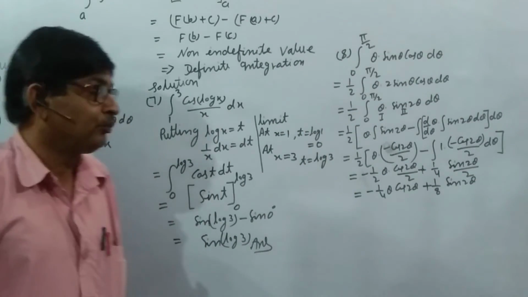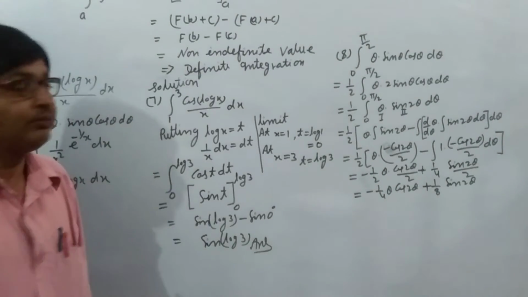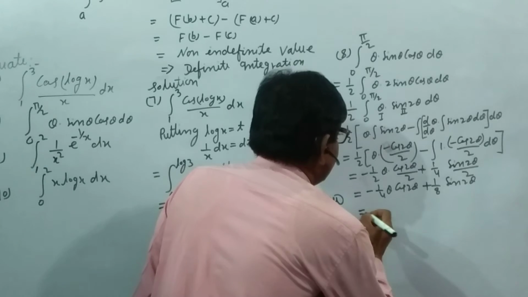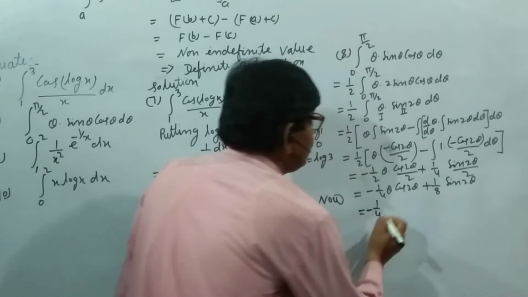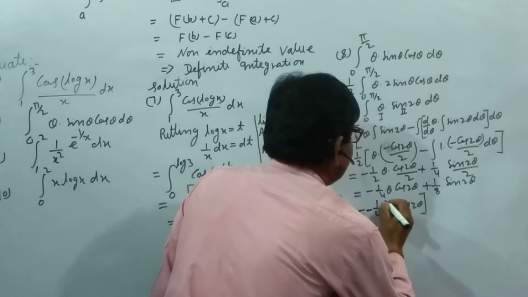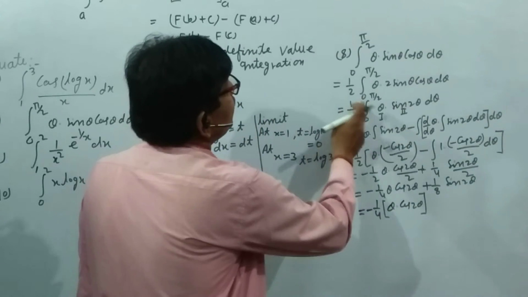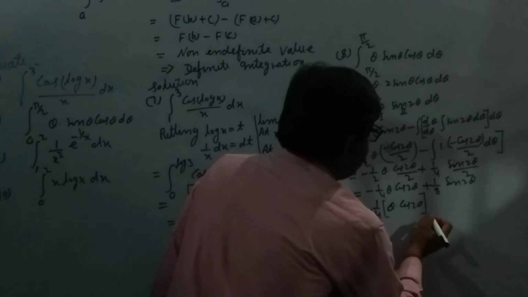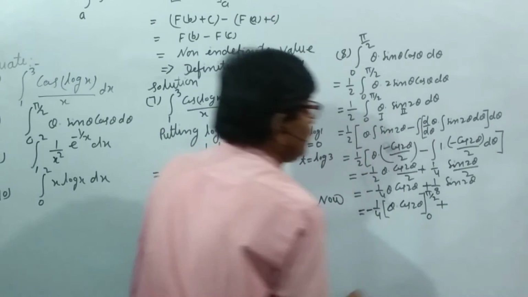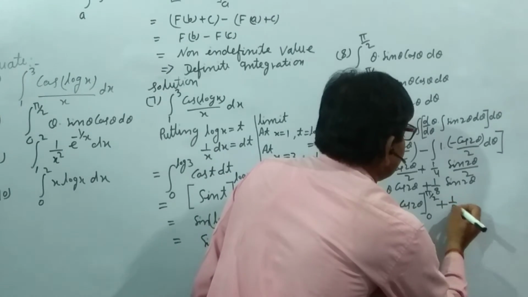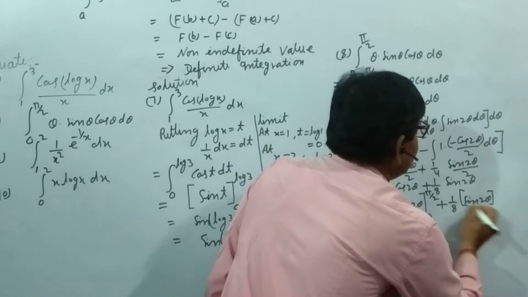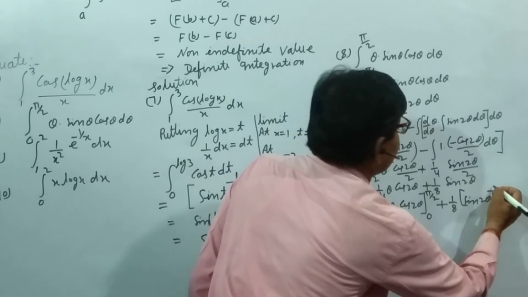Now this will be equal to minus 1 by 4 theta into cos 2 theta, limit 0 to pi by 2, plus 1 by 8 sin 2 theta, limit 0 to pi by 2.